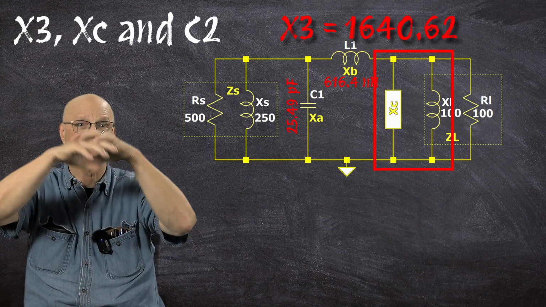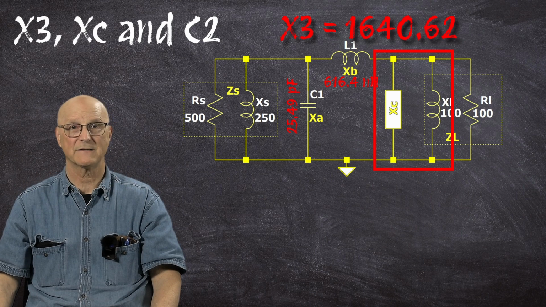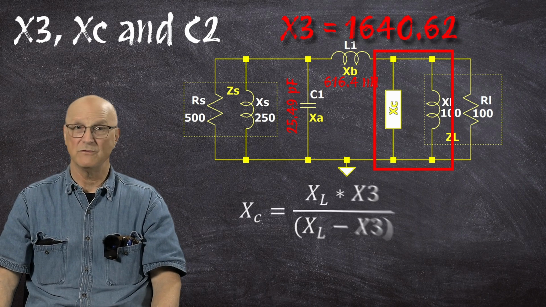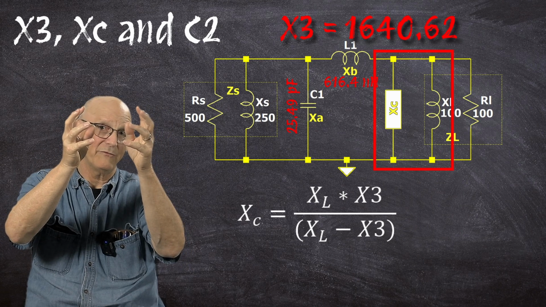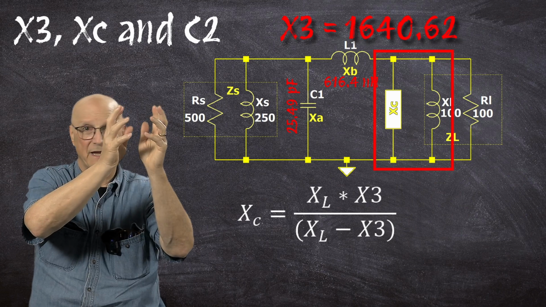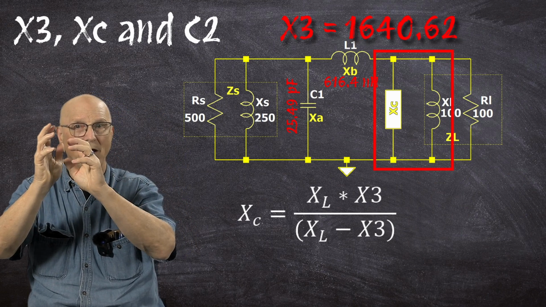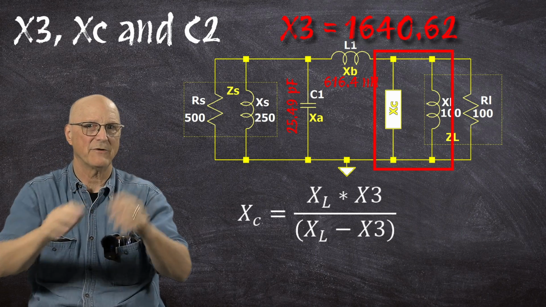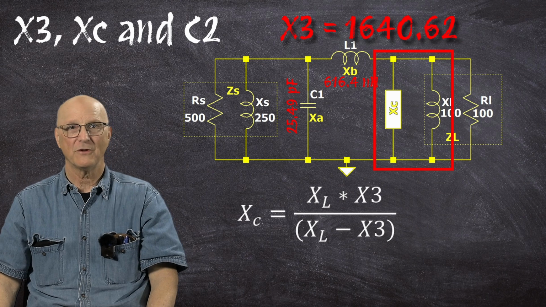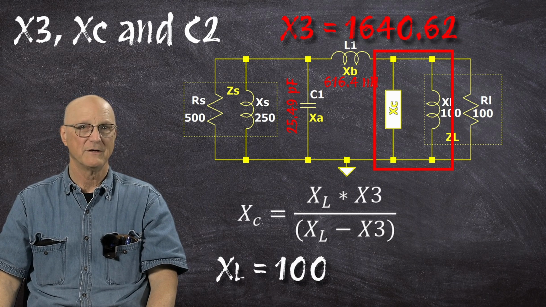We have to disentangle these like before to arrive at a value for XC. And we use this equation to do this. The load's parallel equivalent reactance times X3 divided by the quantity, the load's parallel equivalent reactance minus X3. And we know that the load's parallel equivalent reactance is 100.